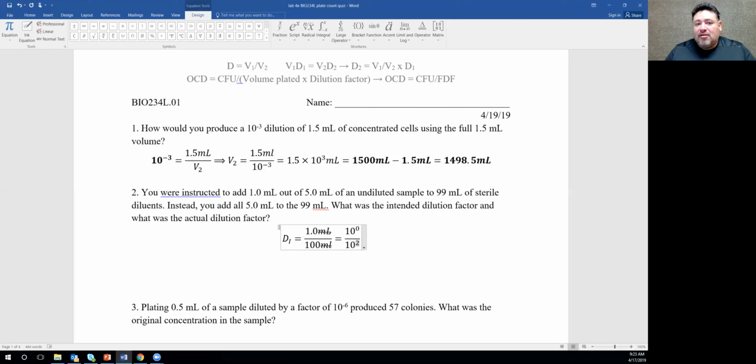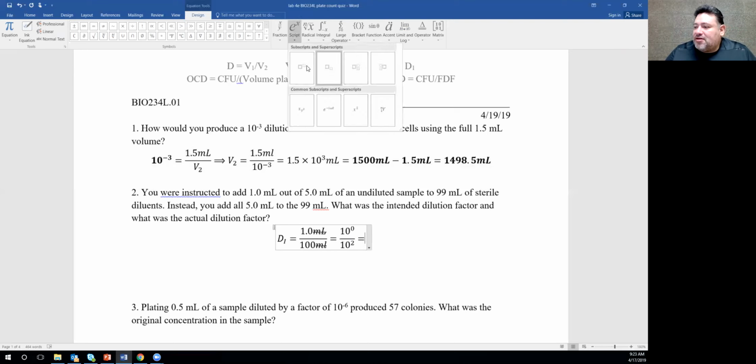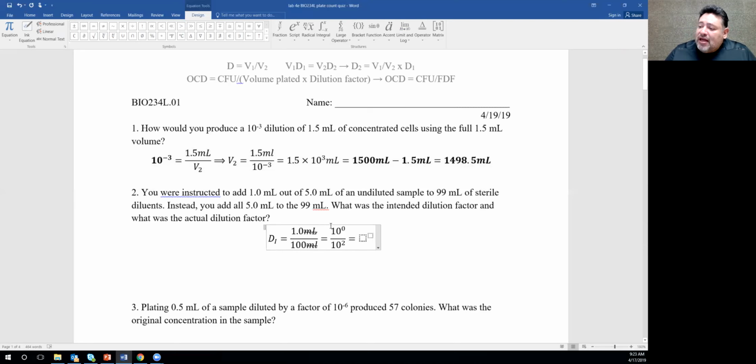Okay, why? Because 10 times 10, which is 10 squared, is equal to 100. Now we carry out the exponential calculation. And remember, if you're dividing, it is the top exponent, which is 0, minus the bottom exponent, which is a 2. So the dilution factor here is 10. 0 minus 2 is a negative 2. So that's a 10 to a negative 2 dilution. That is the intended dilution.